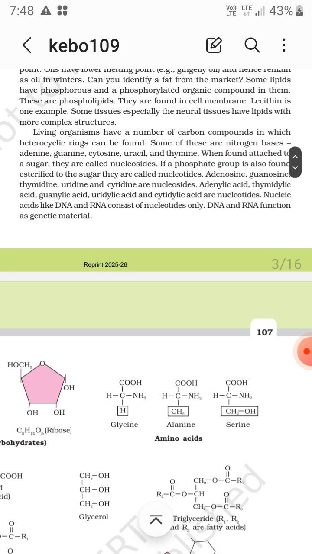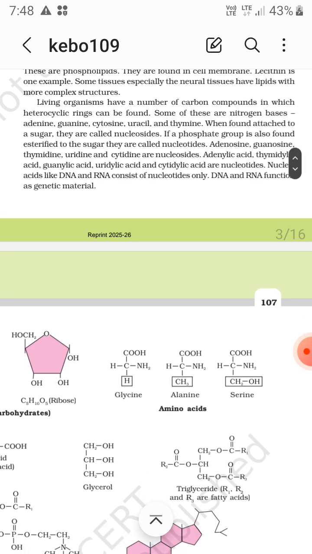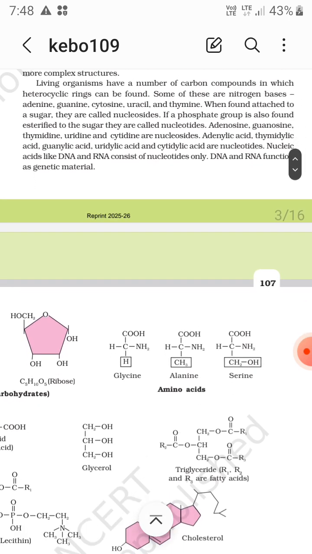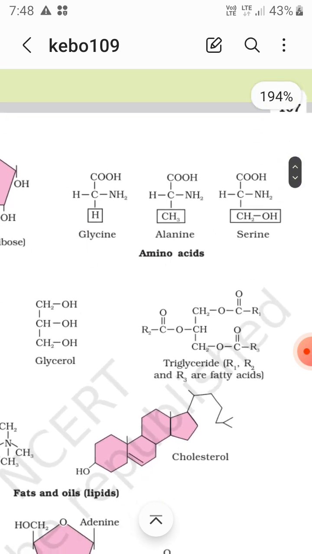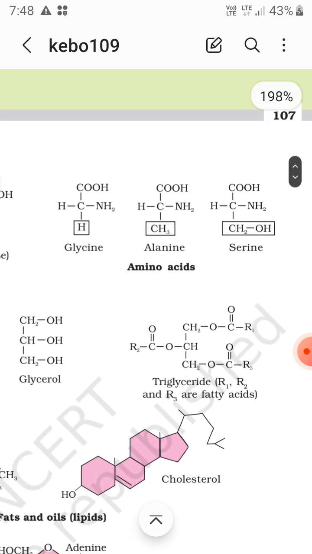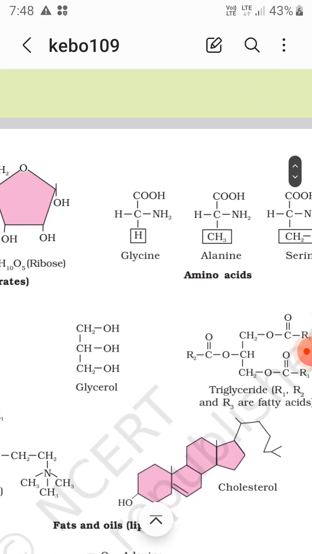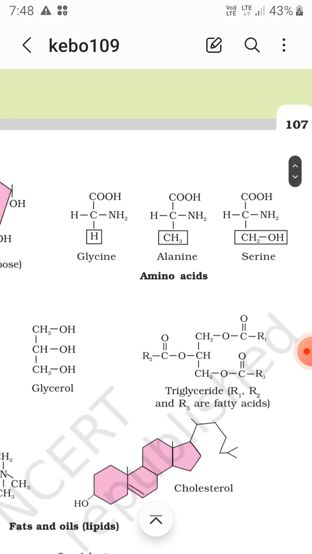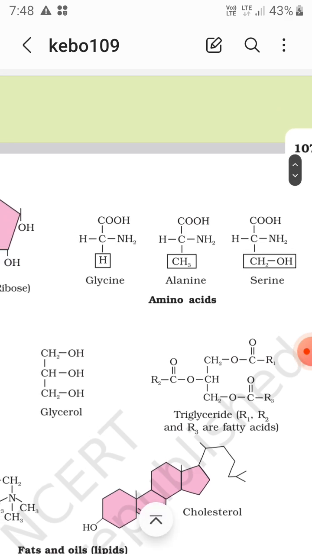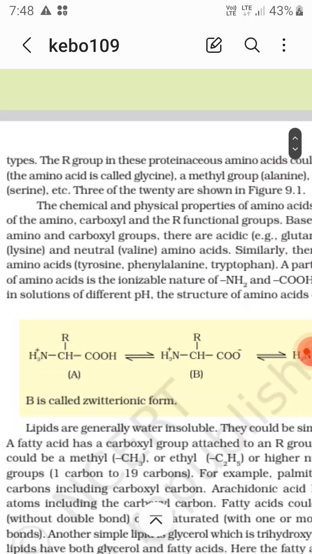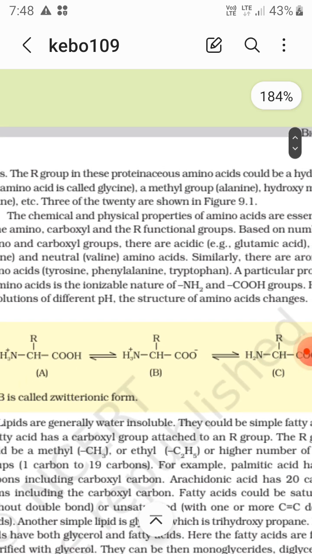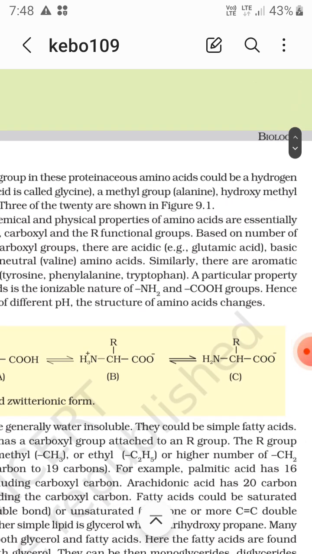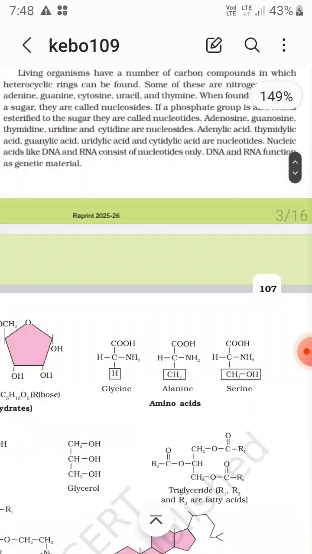Now nucleic acids like DNA and RNA consist of nucleotides only. DNA and RNA function as genetic material. So as you can see, glycine has H, alanine has CH3, and serine has CH2OH, a hydroxymethyl group. As you can see, there is hydroxymethyl in serine.